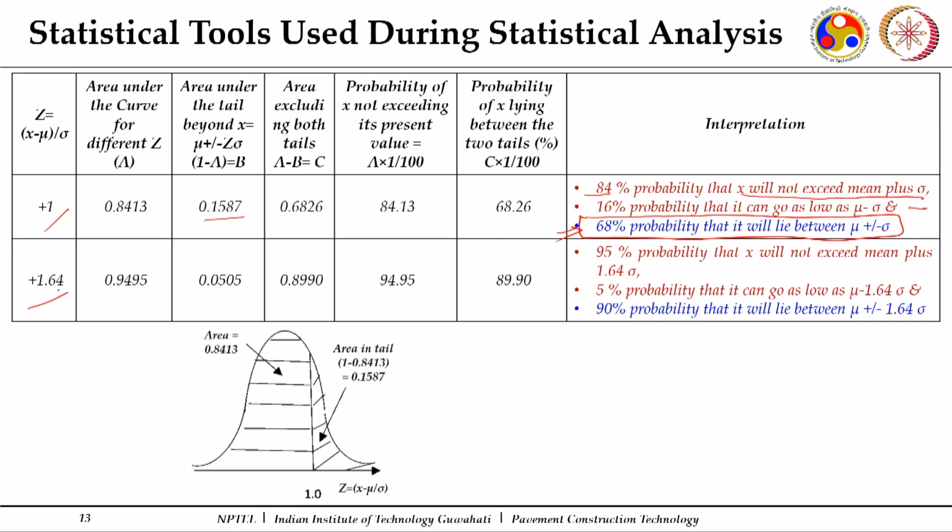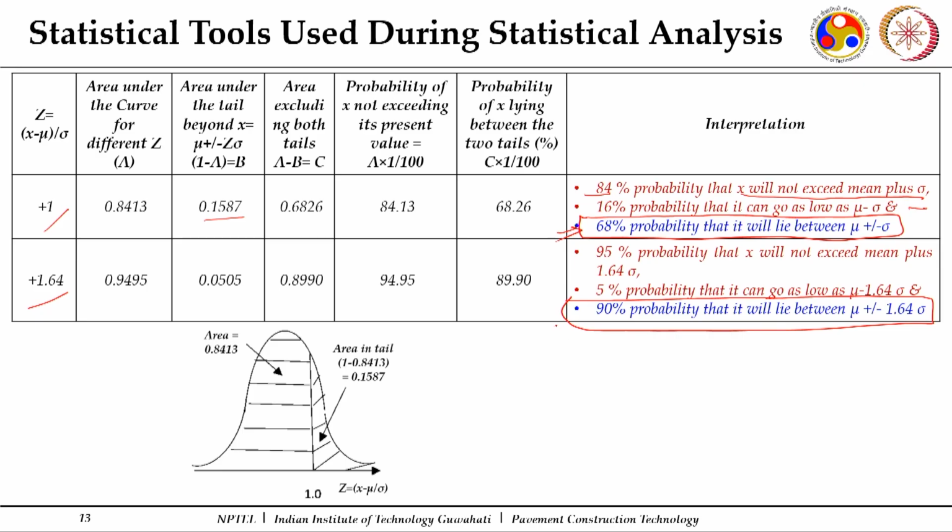Similarly, if this z value is ±1.64, then I can say there is a 90% probability that the result will lie within this particular range. So, depending upon this variation, I can work out how much of my data is lying within it.